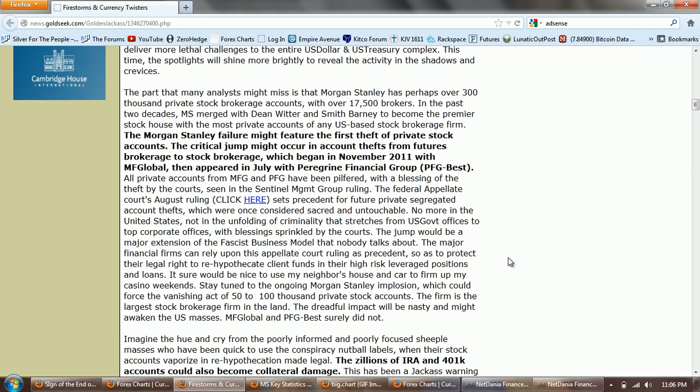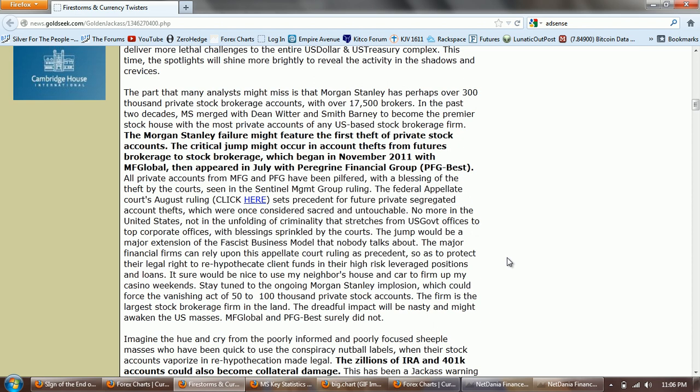The critical jump might occur in account thefts from futures brokerage to stock brokerage, which began in November 2011 with MF Global, then appeared in July with Peregrine Financial Group. All private accounts from MFG and PFG have been pilfered, with the blessing of the theft by the courts seen in the Sentinel Management Group ruling.